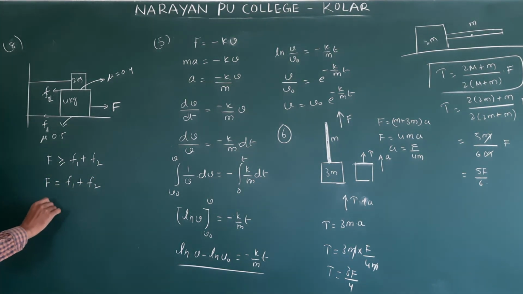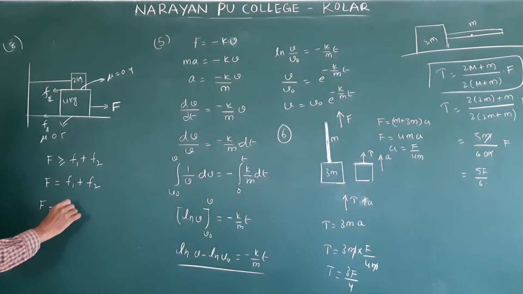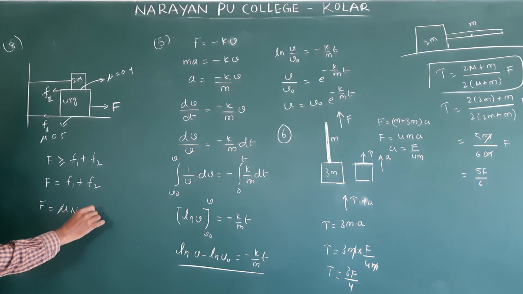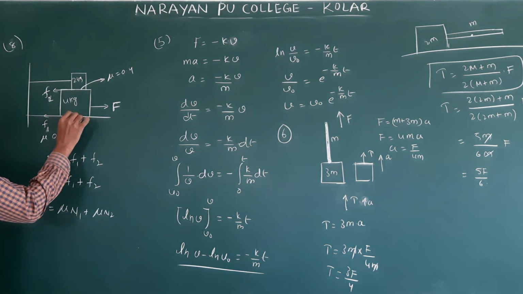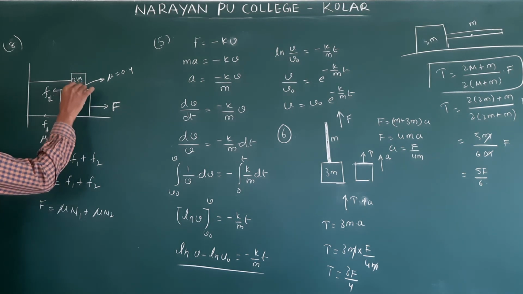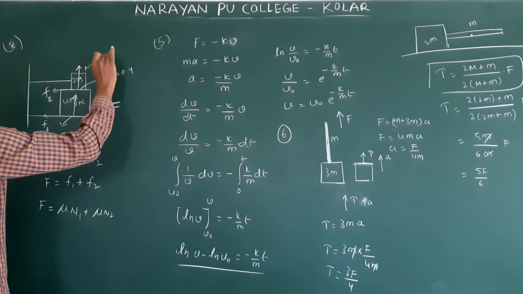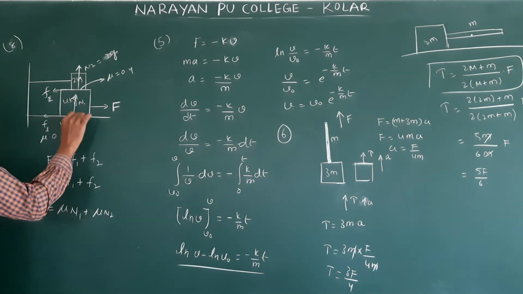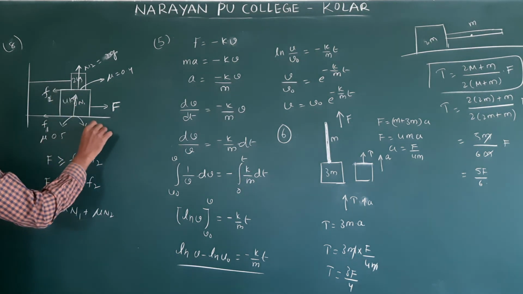F1 is the friction due to this one, mu into N1, plus F2, which is mu into N2. N1 is the normal force on this block and N2 on the other block. N2 is equal to 2g, but what is N1? Total mass, 6g.